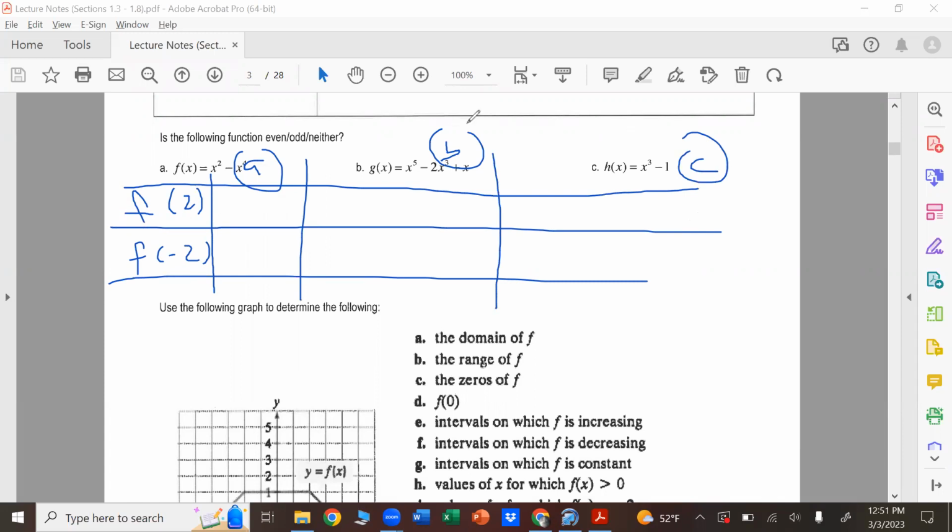If I plug in 2 into the first function, what do you get? It's x to the 4th minus 4x squared, right? If you plug in 2, the whole thing, what do you get? 4 minus 16, which equals negative 12, right?